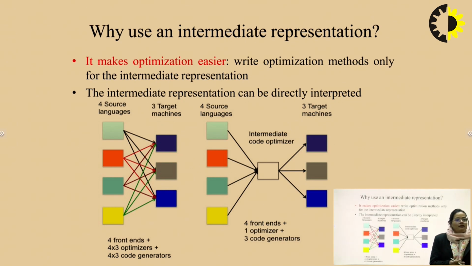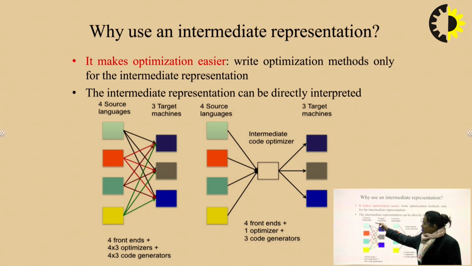So, why do we use intermediate representation? We use intermediate code representation to make optimization easier. We write optimization methods only for the intermediate representation. The intermediate representation can be directly interpreted. Suppose there are four source languages, and we have to convert these source language programs into target machine code.